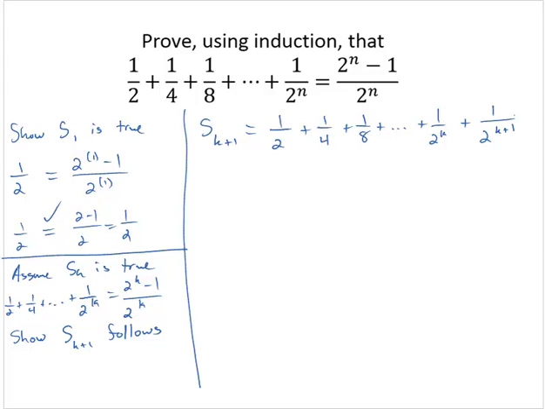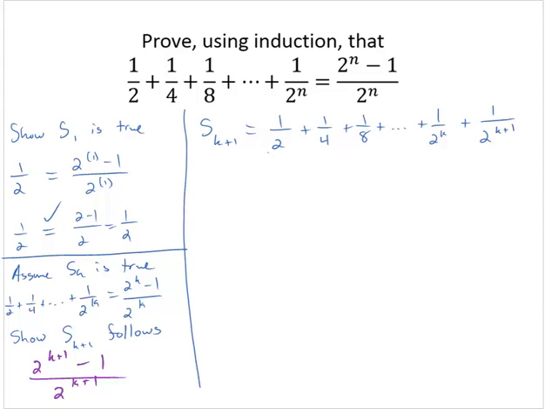Now, I need to show that s sub k plus 1 is in fact equal to 2 to the k plus 1, subtract 1, over 2 to the k plus 1. So that's my goal. And I need to use our assumption that s sub k is true.